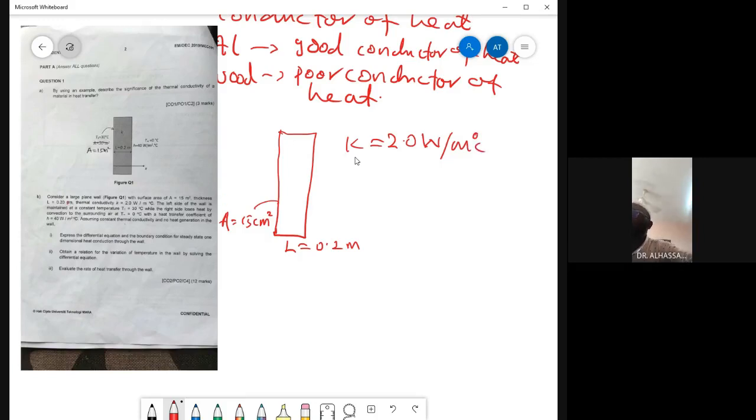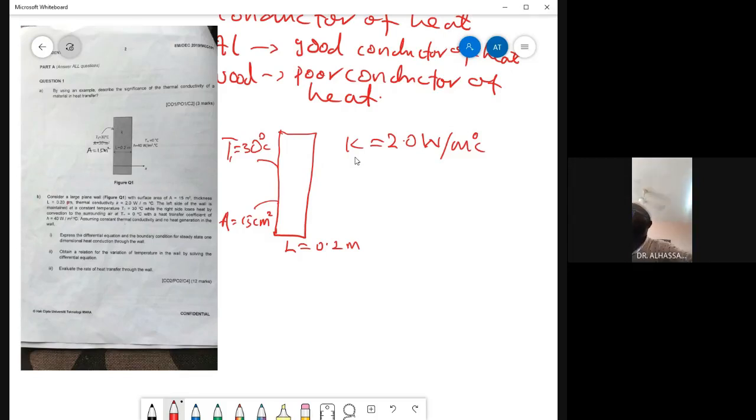Now the side wall of the material is maintained at constant temperature. We can say this is the side wall, T1 equals 30 degrees Celsius. And then the right side loses heat by convection to the surrounding.